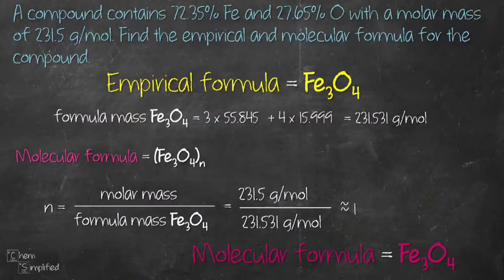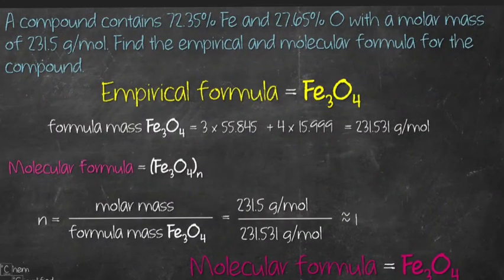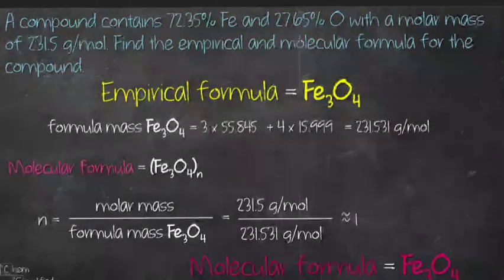So if we cancel, we get 1. So molecular formula is N into empirical formula. So N value is 1. 1 into Fe3O4 gives Fe3O4. So molecular formula also Fe3O4.